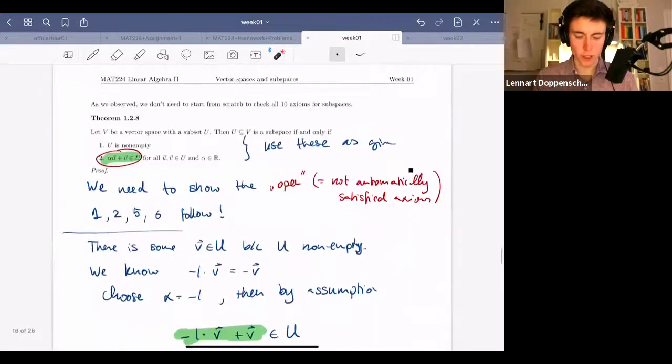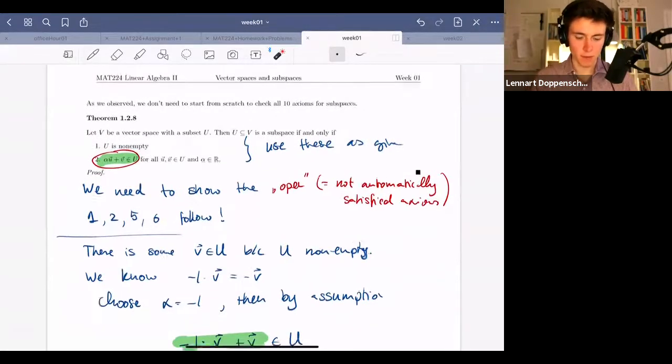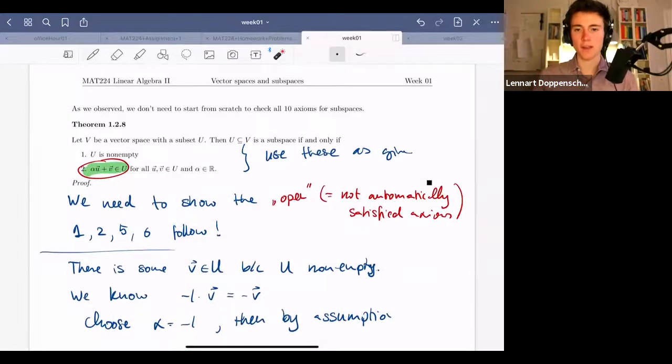And this is exactly given by this theorem. So basically, this theorem is a shortcut. Technically, you would have to show all the 10 axioms again for a subspace, but you're able to use this theorem as a magic trick, and then it just reduces.